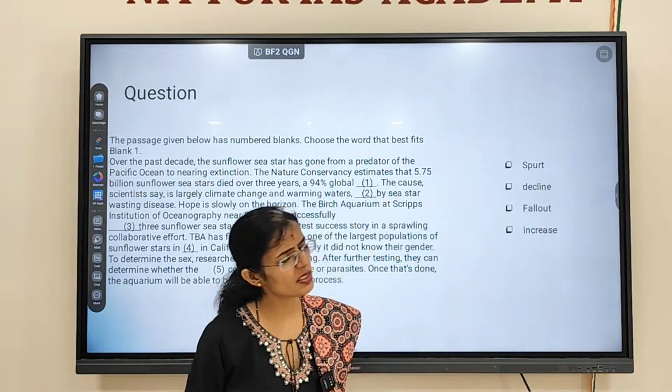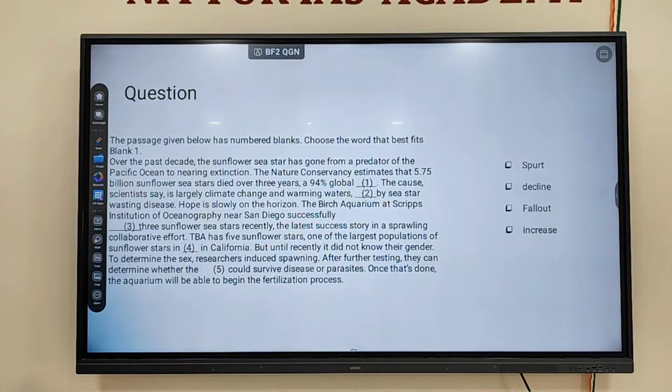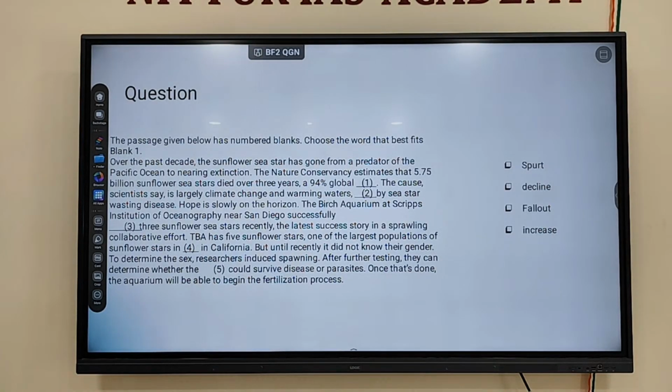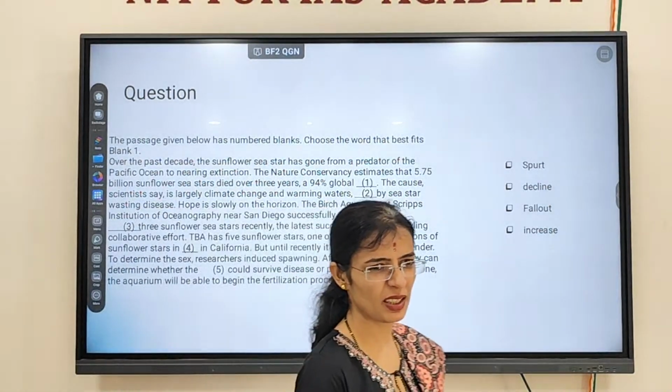What is spurt, by the way? So according to this, spurt will not be the answer, right?